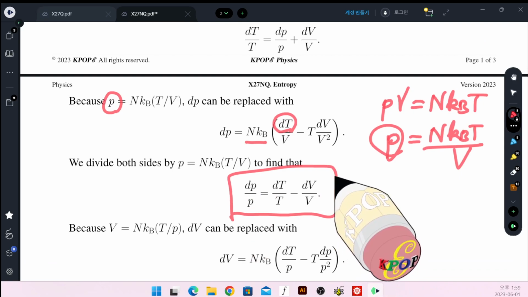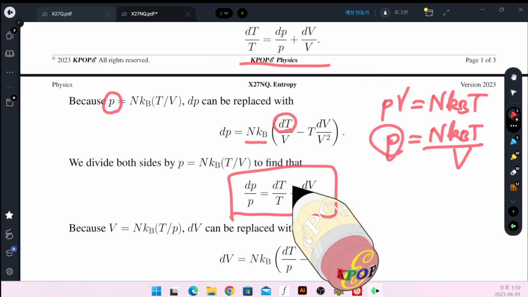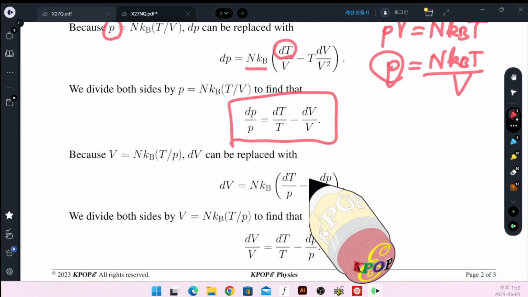So we can compare the final results, and they are equivalent. The sign difference is because of the exchange of the left-hand side and right-hand side terms.